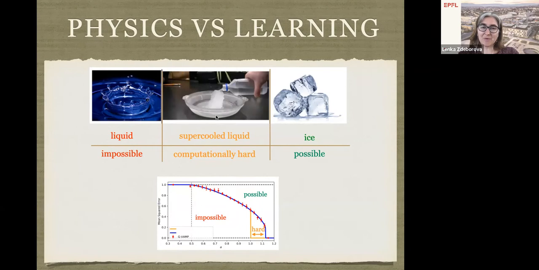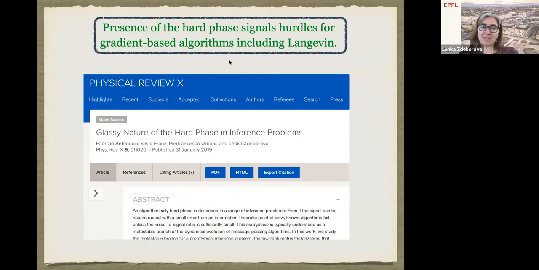But what is more interesting is the suggestion of a mechanism that if the hard phase is there, even a very small one, then it causes hurdles for gradient-based algorithms for a large range of the sample complexities. And this is a heuristically put forward hypothesis that we put forward in this paper.